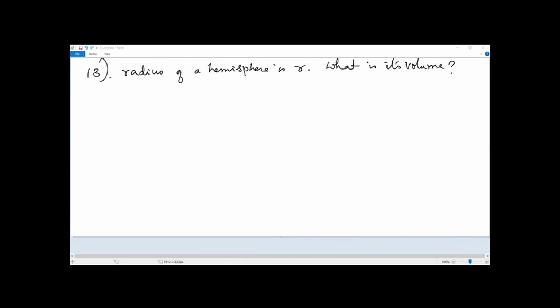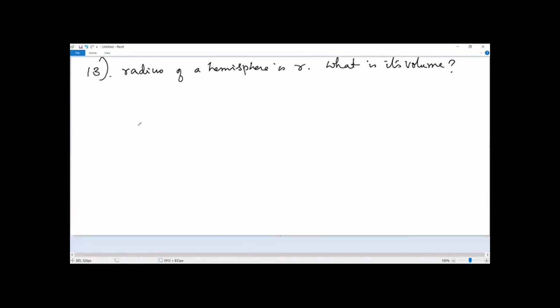She has some network problem. Yeah, I can understand that. She knows, I think. 2 by 3 pi R cube is the answer. Okay, Sanjana. Next question. So answer is 2 by 3 pi R cube.